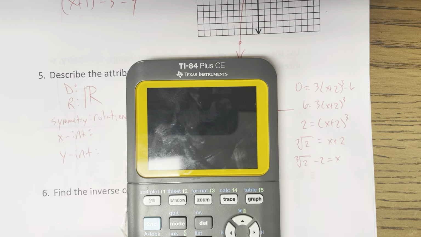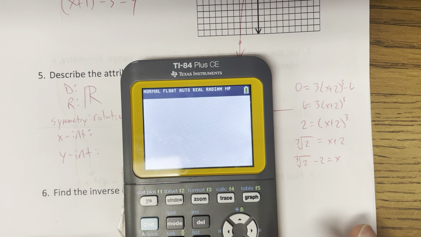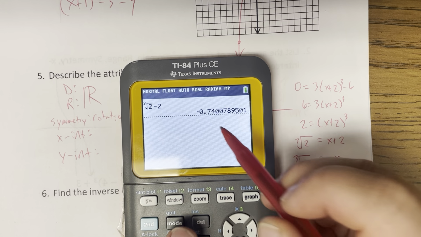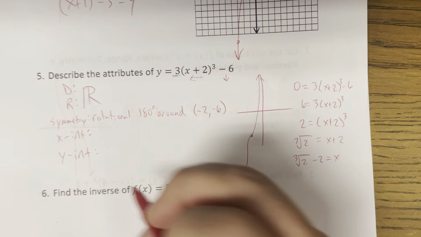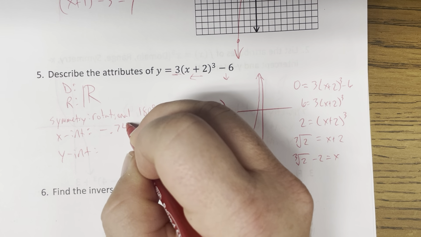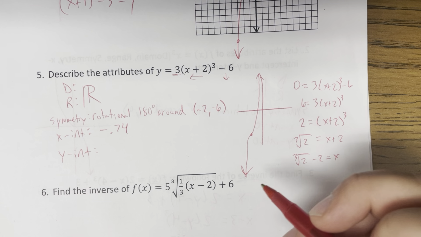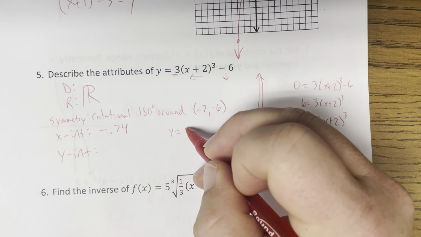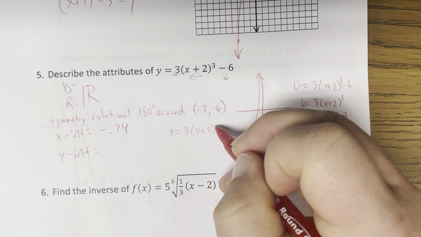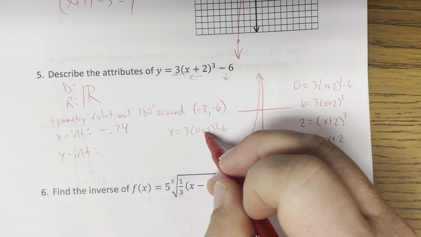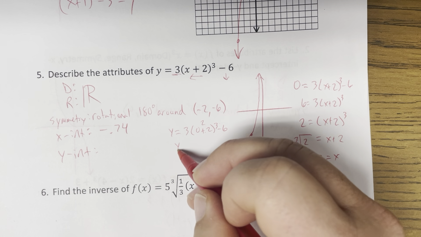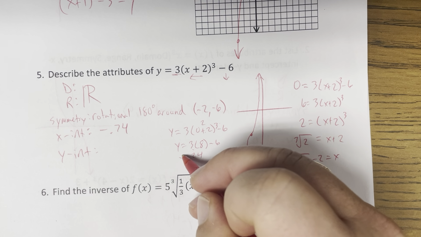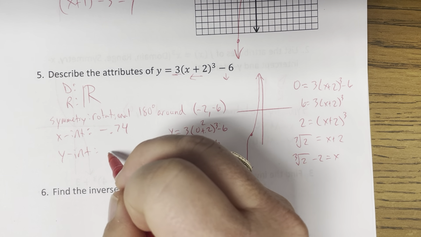In our calculator, I'll press math 4 to take the cube root of 2, and then subtract 2, giving -0.74. Then for the y-intercept, I'll do the opposite. I'll plug in 0 for x and see what y is. So y equals 3 times (0 plus 2) cubed minus 6. That's 2 cubed, which is 8. So 3 times 8 minus 6. 3 times 8 is 24, and minus 6 gets me 18.